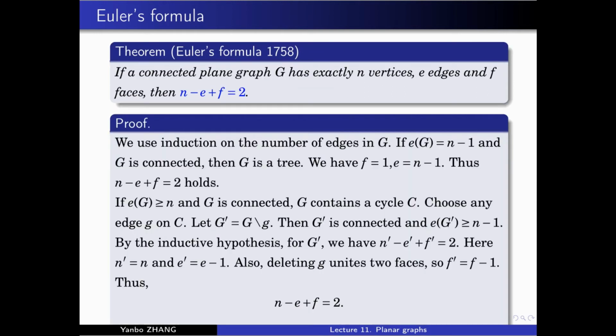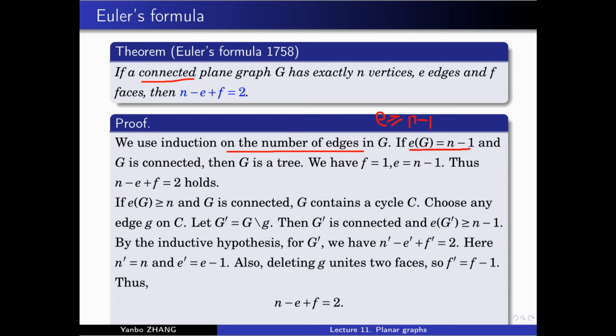Now we prove the formula. We use induction on the number of edges in G. Because G is a connected graph, the number of edges is greater than or equal to n minus 1.